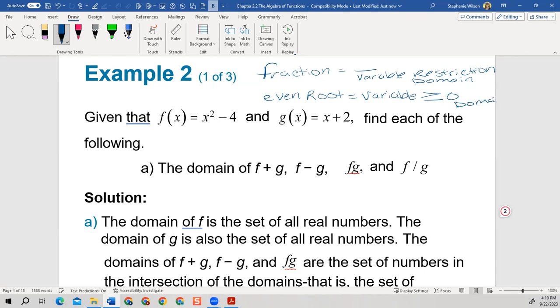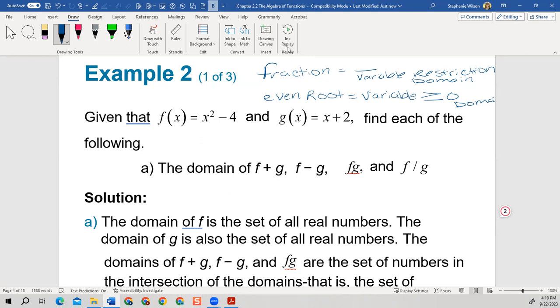A polynomial is all real numbers, no restrictions, because you can come out with negatives and positives. An odd root, which like I showed you a while ago, the cube root, fifth root, and so on, there are no restrictions. It's all real numbers. So this is what this information is just letting you know. But let's go ahead and solve.